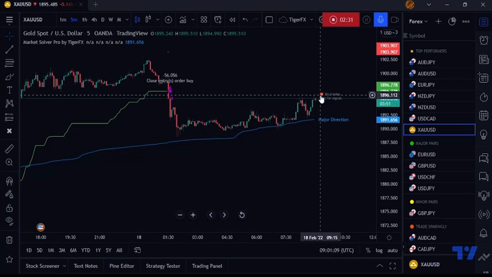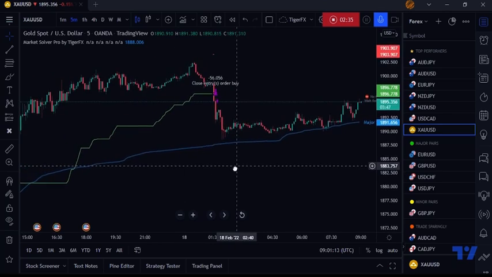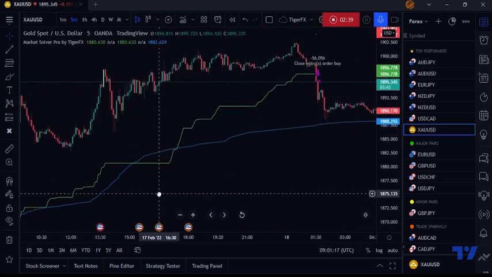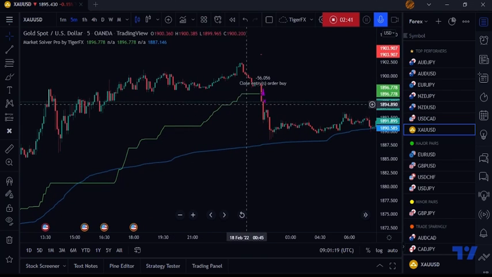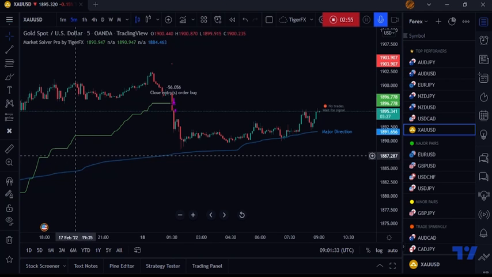So if price comes back down there, I'll be stopped out, and that will be my trade. So if I followed Market Solver Pro to the T, I would have been stopped here, and this would have been very good profits. But I do believe, mixing in some fundamentals, fully aware of the situation in Europe, right, that gold has the potential to break upwards.